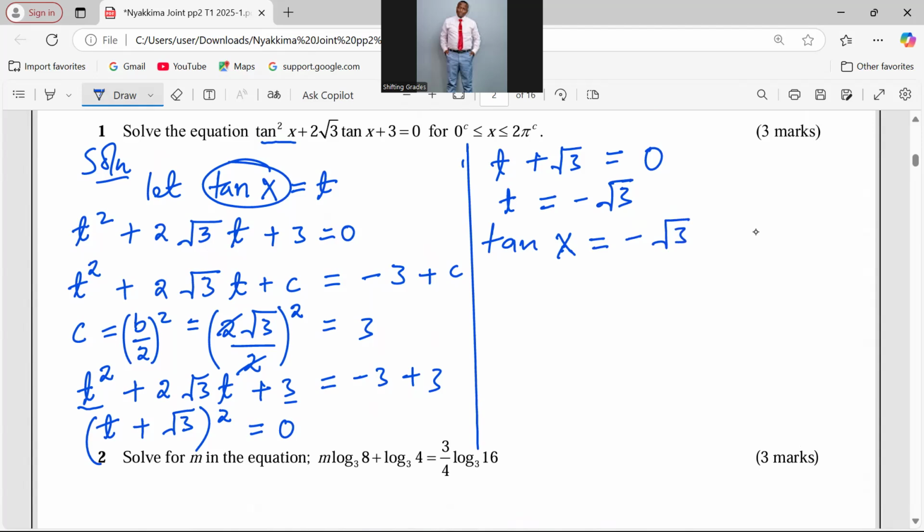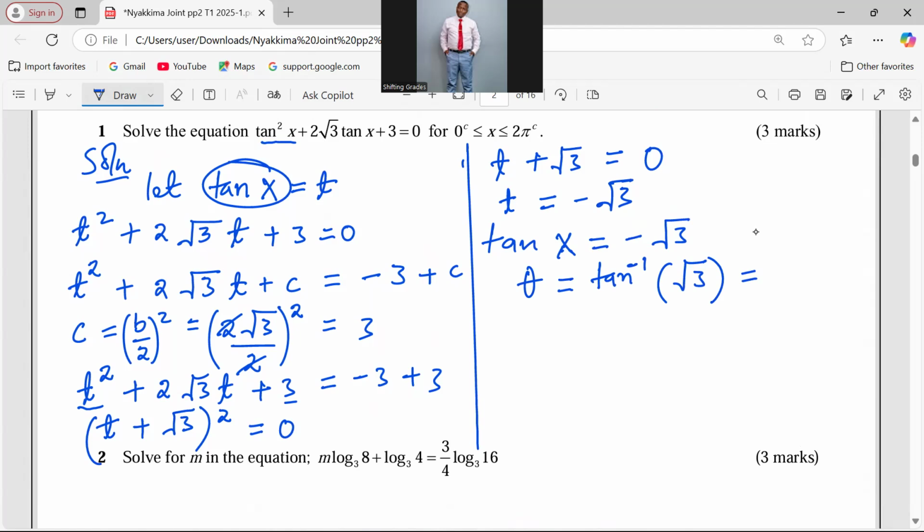And for us now to get x, we need to find, first of all, a certain acute angle, which is given by tan inverse of root 3. Let me check this value. Shift tan of root 3.